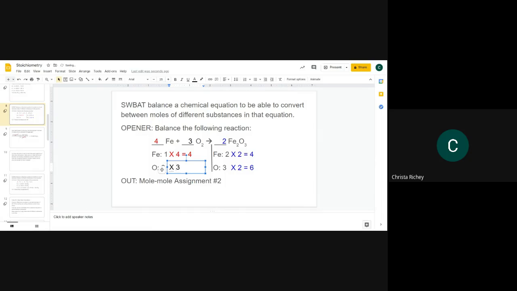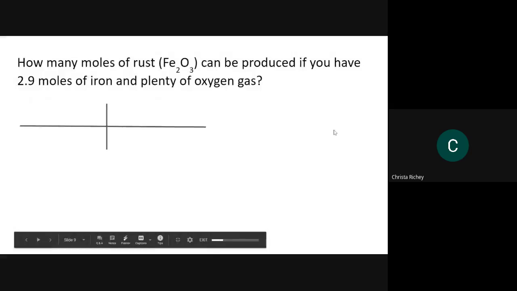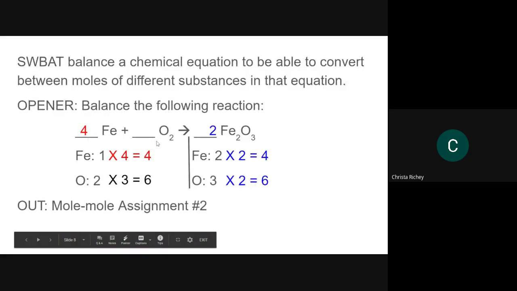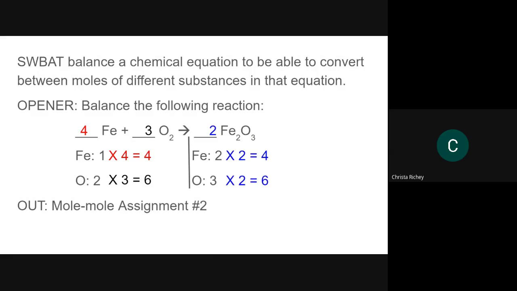Times 3 equals 6. There we go. Now it's right. Okay, so this is the correctly balanced equation for the very first formula that's on the worksheet.